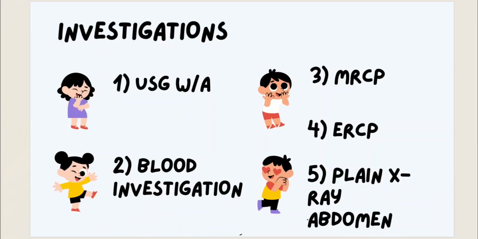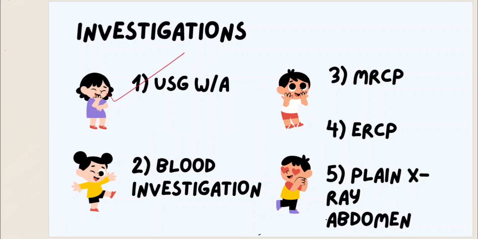Coming to investigations, these are some of the most common investigations I have mentioned. I have not mentioned all the investigations that can be done in gallbladder disease, whole abdomen. So what are the things we see on ultrasound? First, is there any presence of gallstone, and also any stone in the CBD?